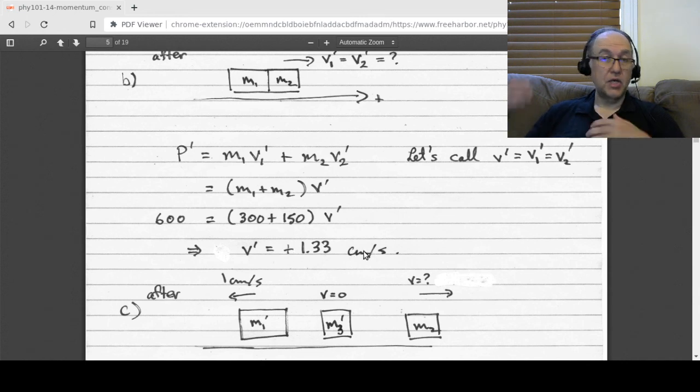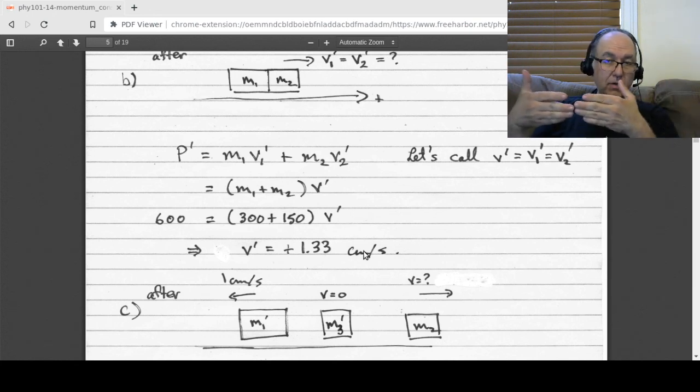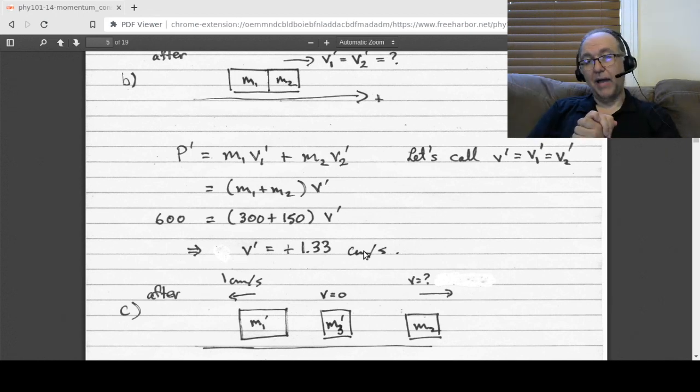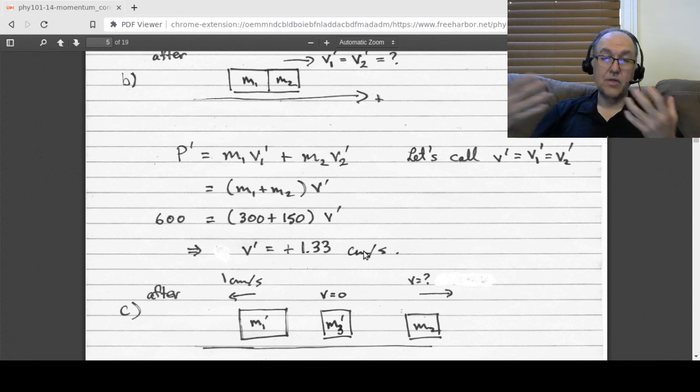So the details of the collision in both of these are very different. In fact, I didn't even tell you the details of the collision in part A. You don't know what happens in there. All you know is that after that collision occurs, there might be some bouncing back and forth if there are springs in there. And who knows, again, what the details are. All I tell you is that after the collision's done with, you found that the 150 was traveling at a certain speed.